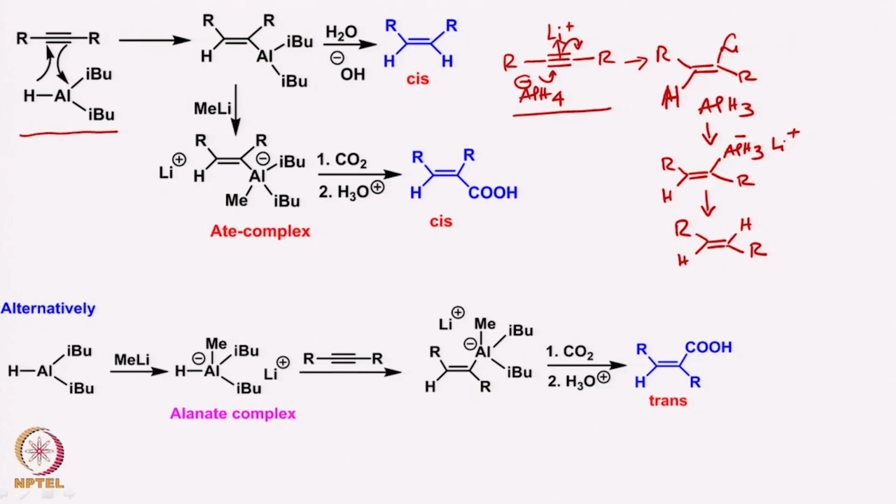But that is not the case with DIBAL, where the DIBAL first interacts with the triple bond, and in this particular case you can imagine a species of this type where now the aluminum of the DIBAL is interacting with the triple bond and generating a kind of positive charge here where this hydrogen migrates.